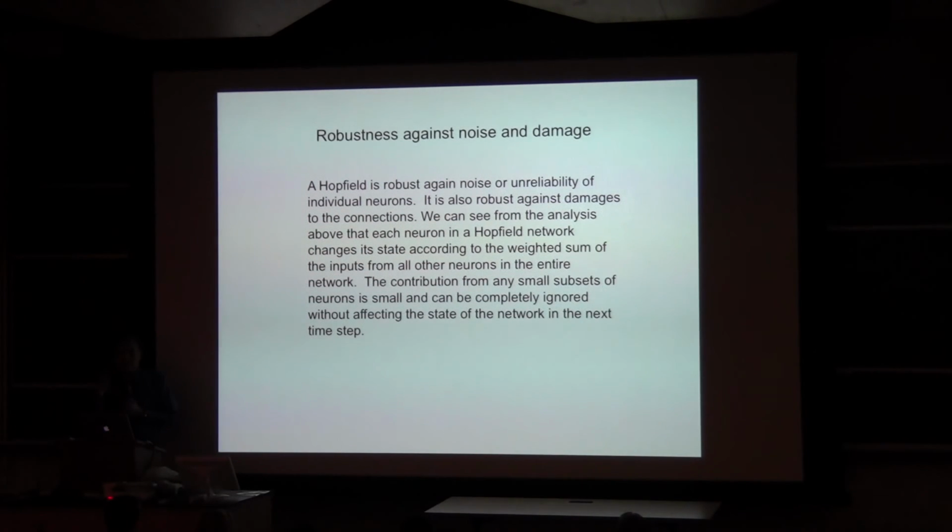If you see damage to a lot of connections, but half of them still remain, they are pointing in the same direction, that's good enough to make me fire. Well, if I fire, then I'm 100% correct. So how strong the strength is doesn't matter. You press a keyboard, some people hit the keyboard with very big force, but it's just either on or off. As long as it's enough to push it, that's all it takes.